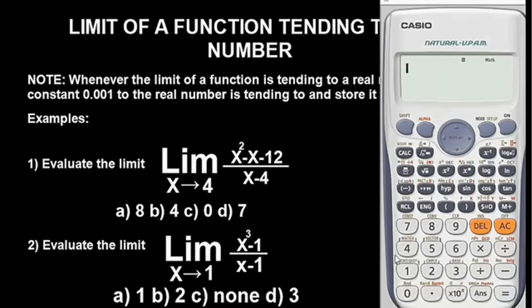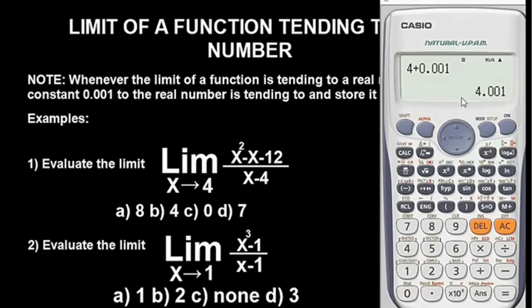The next thing we are going to do now will be to add 0.001 to this 4 and store the value as x in the calculator. So let's do it. That's 4 plus 0.001. If you like, I can change it to a decimal value like this.